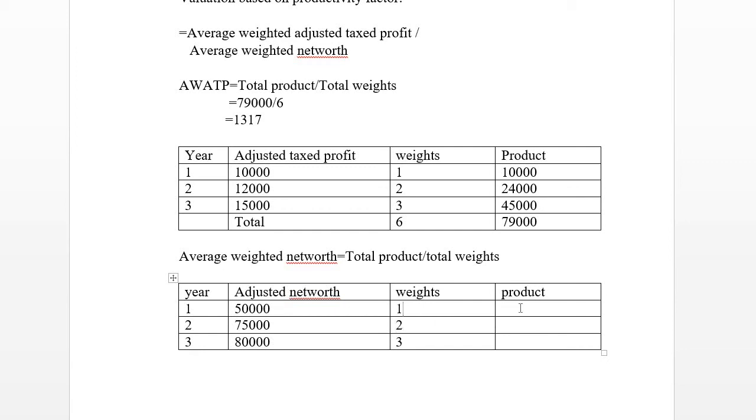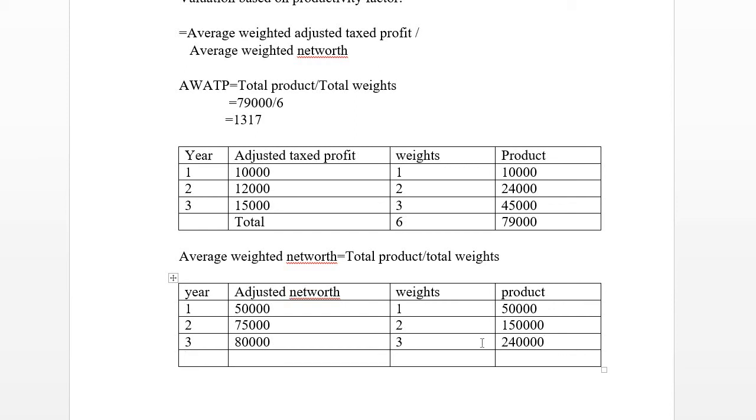When it comes to product, we are going to make it multiplication, right? 50,000 into 1 is equal to 50,000, then 75,000 into 2 is equal to 1,50,000, then 80,000 into 3 is equal to 2,40,000, right?